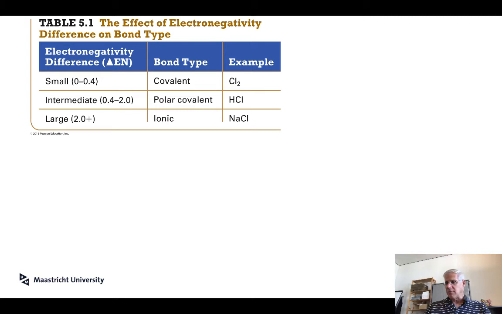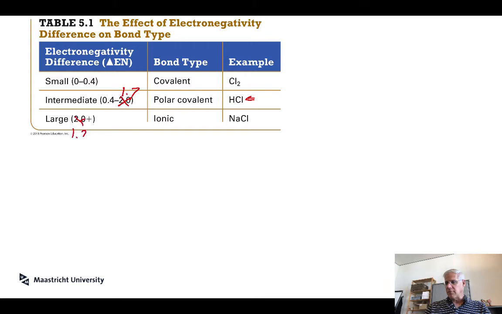For its intermediate, notice this textbook had 1.7. The book we are currently using has 1.7. For a polar covalent, an example of that would be hydrogen chloride or HCl. Very large would be 1.7 plus is ionic.